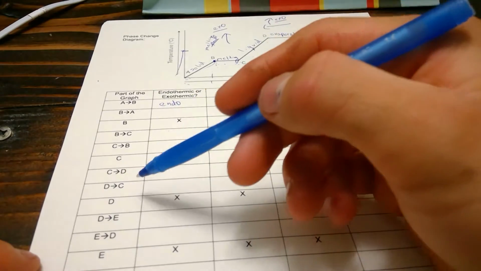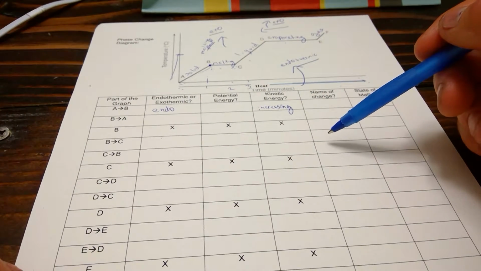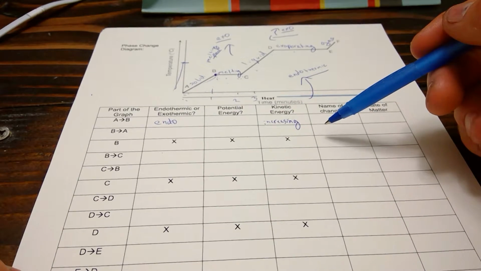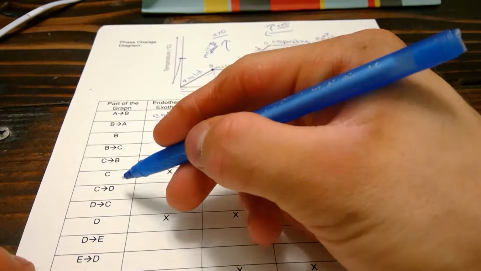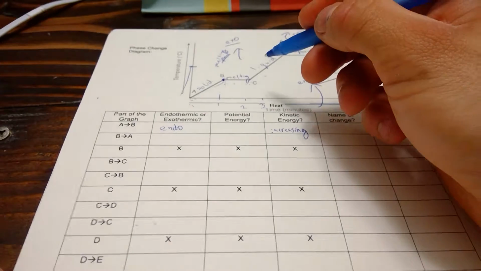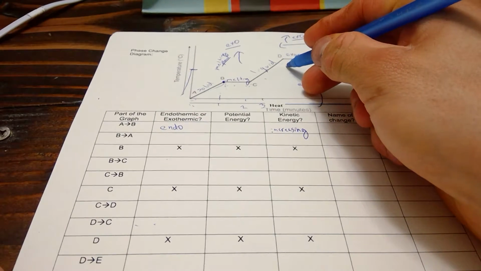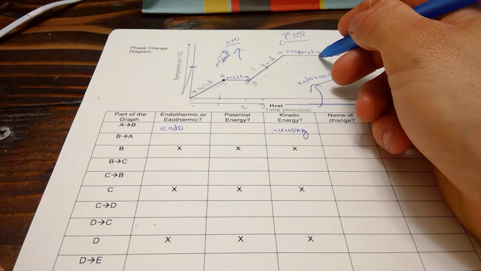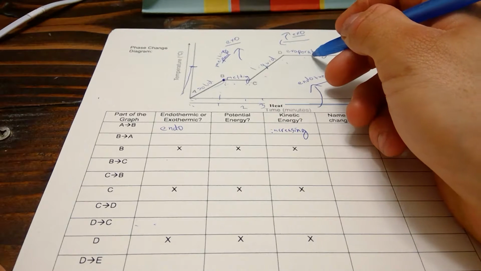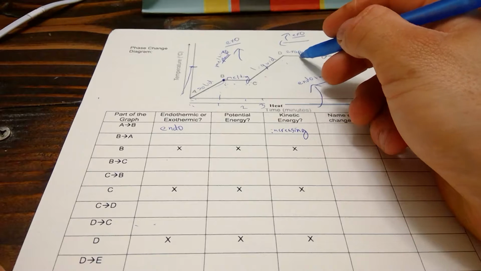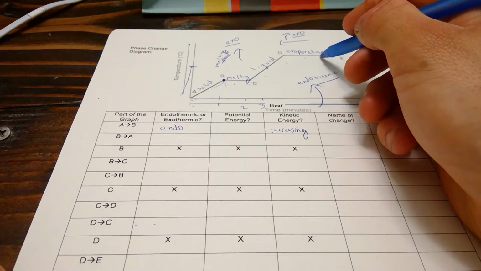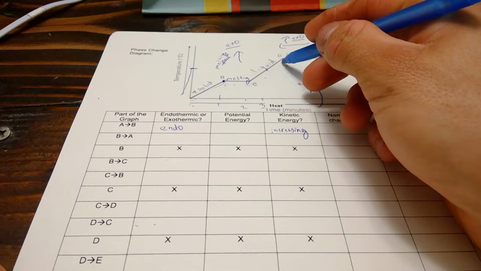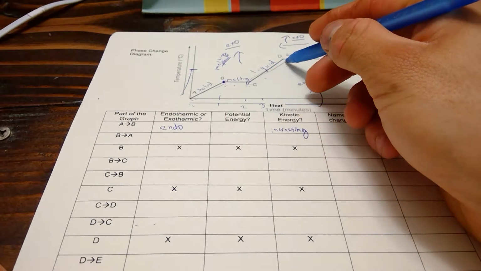All right, so let's do D to C. From D to C, you're basically going from evaporation, from a gas to a liquid, and you're decreasing the temperature here.